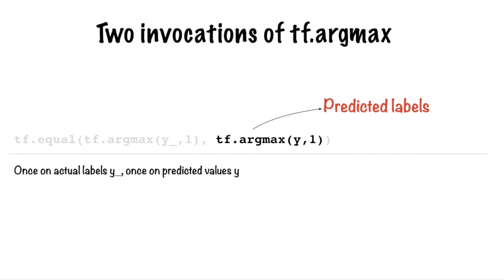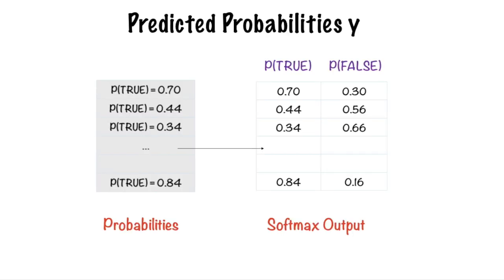The second invocation of tf.argmax is on our predicted labels. These are the labels that are the output of our logistic regression after having passed through the softmax activation function. The output of logistic regression, which uses softmax as an activation function, is a set of probabilities.